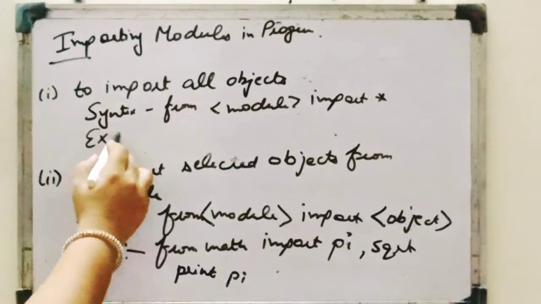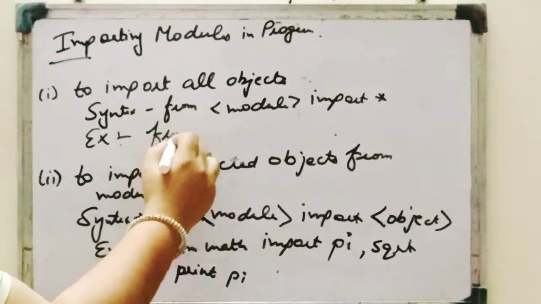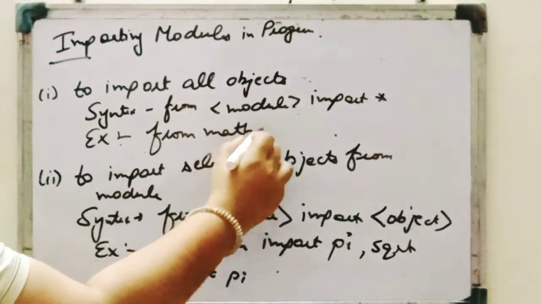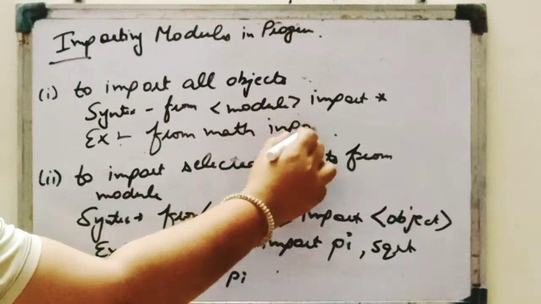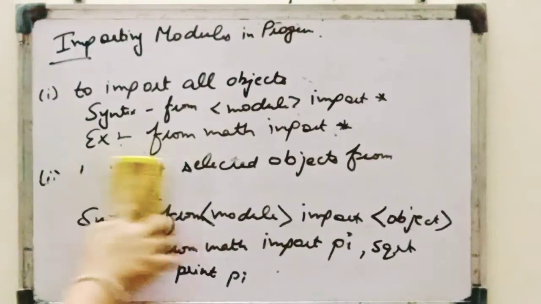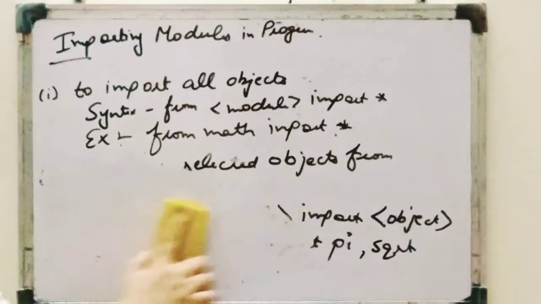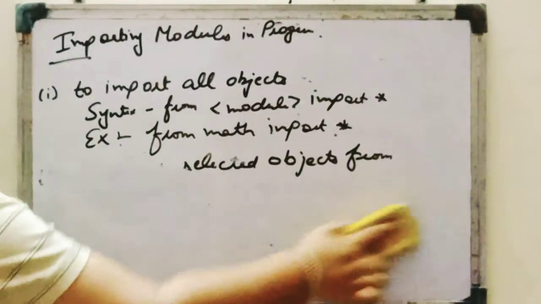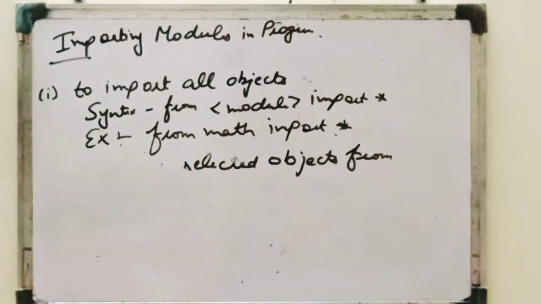So if you want every object from math, how can you write? From math import star. It means whatever objects come under this math module, every function will be imported in our program. So these are the three ways we can import: the entire module, selected objects, and multiple objects from the module.